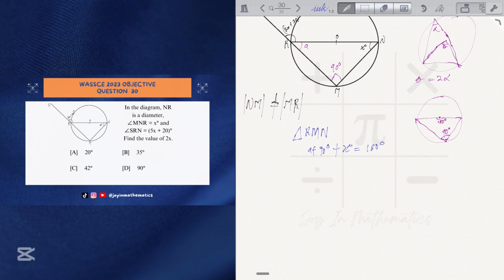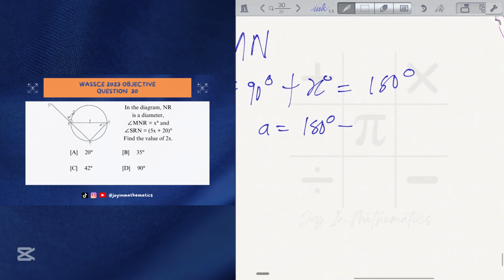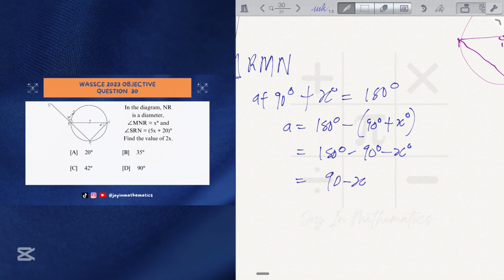With that, we can find the value of A. A will be equal to 180 degrees minus (90 plus x). So A is equal to 180 degrees minus 90 degrees minus x degrees. Therefore, this gives us 90 minus x degrees.